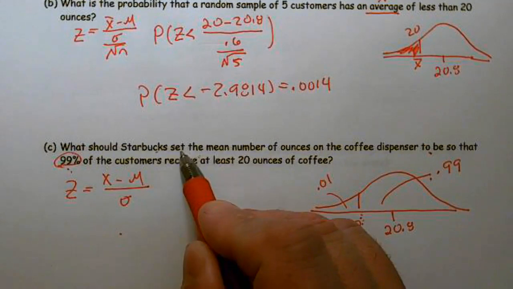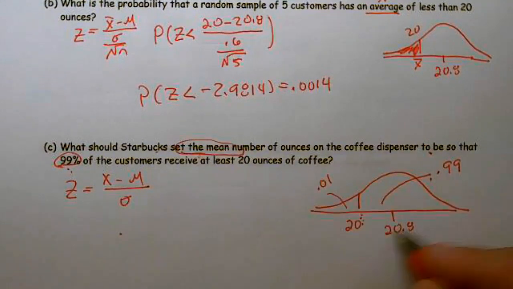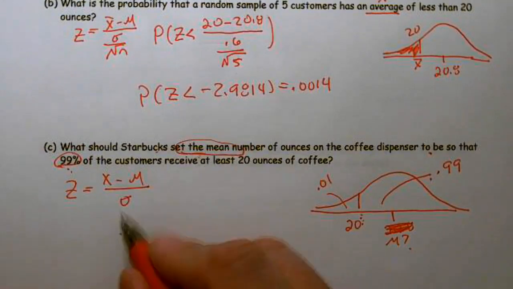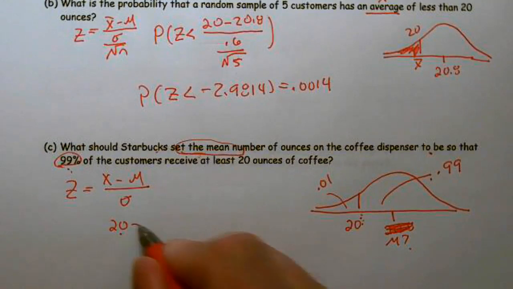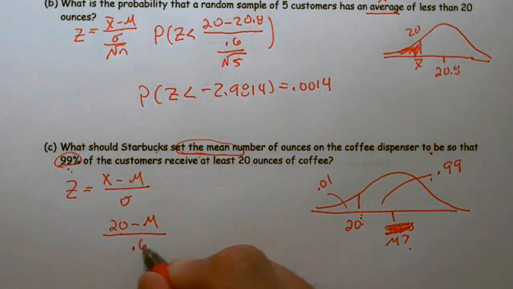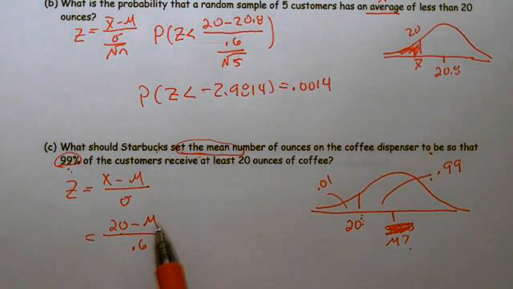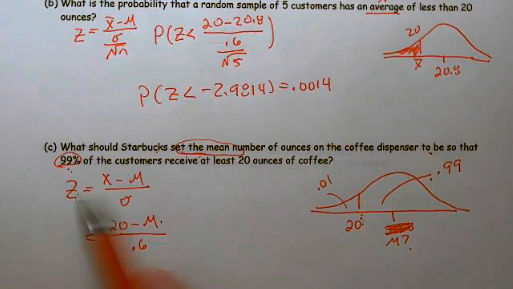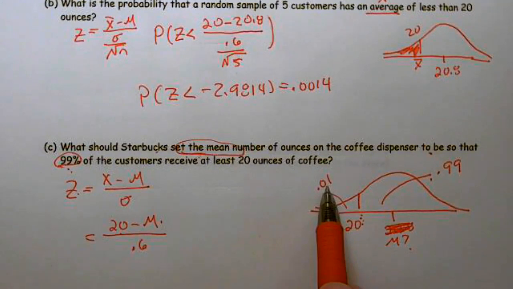What should they set the mean number of ounces? So this I really don't know, so this is a question mark. So 20 minus the mean, we know the standard deviation is 0.6. I'm missing the mean and a z-score, but because they gave me an area, I can go ahead and calculate my z-score.